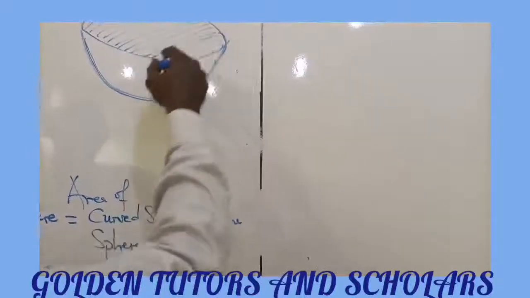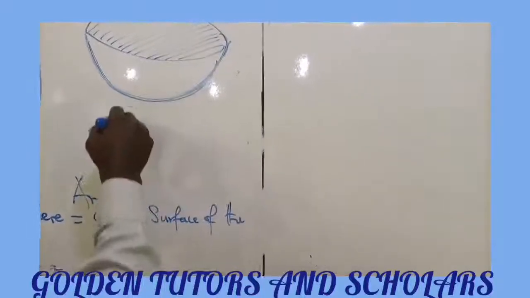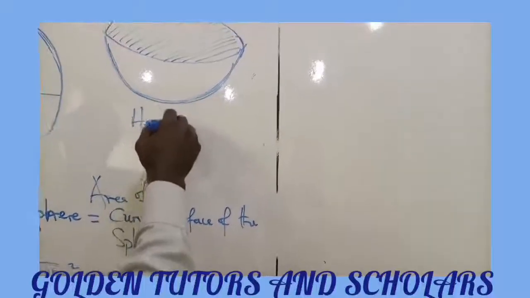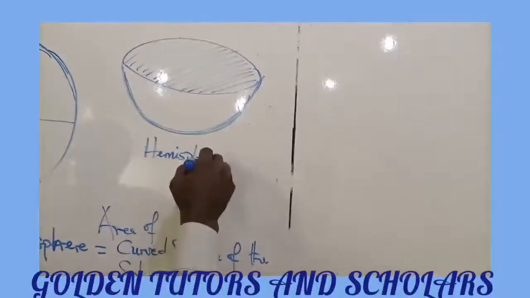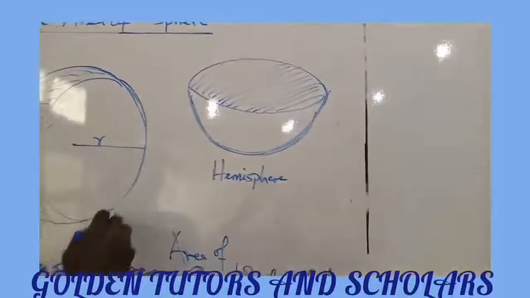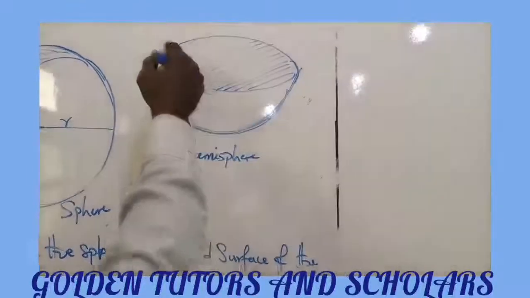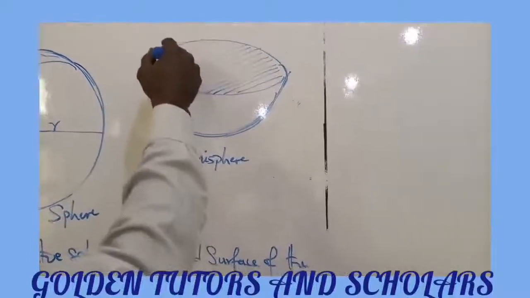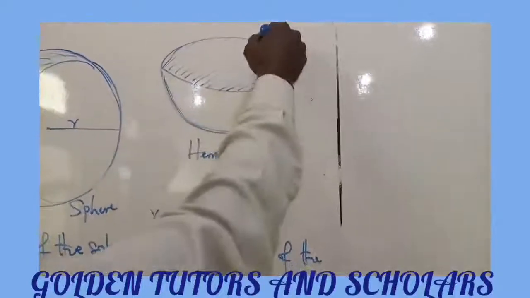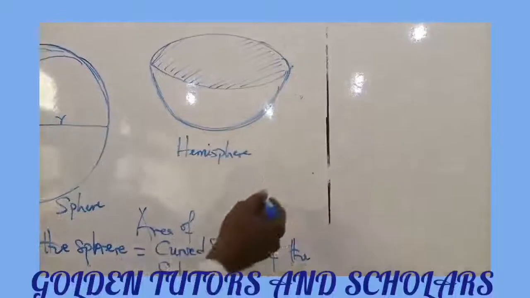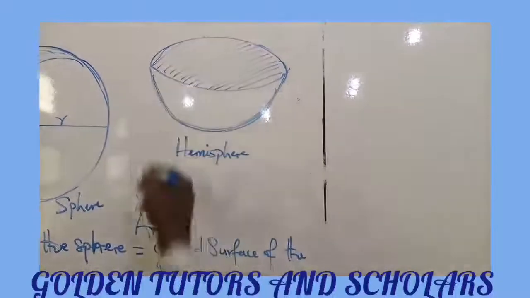This is a hemisphere. Of course, this is a sphere, and this is a hemisphere. A hemisphere is the half part of a sphere. When you cut a sphere into two equal halves, what you have is a hemisphere.